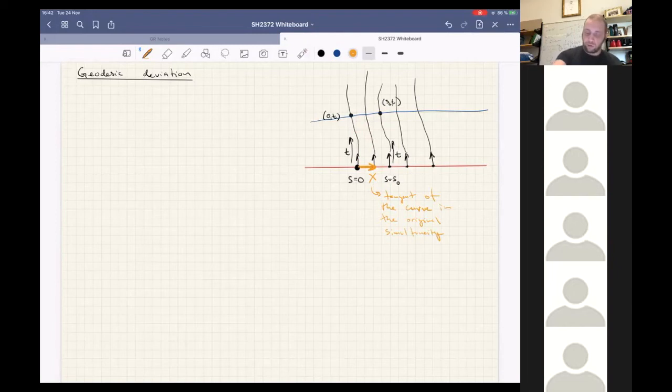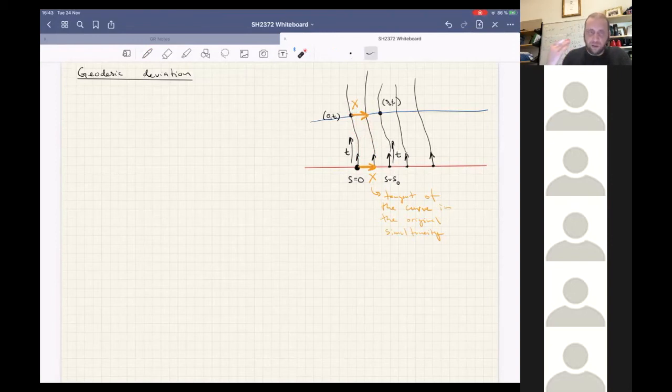However, when I go to the time t, I also had this curve. And I'm going to define the vector field x now such that this vector is x. So this is essentially the separation. So here x is the separation between the points that this point and this point traveled to when we evolved the geodesics forward in time. So this is going to define a vector field along this family of curves.